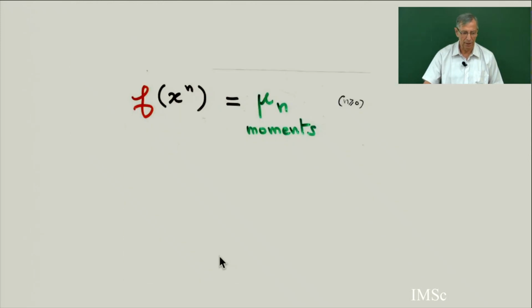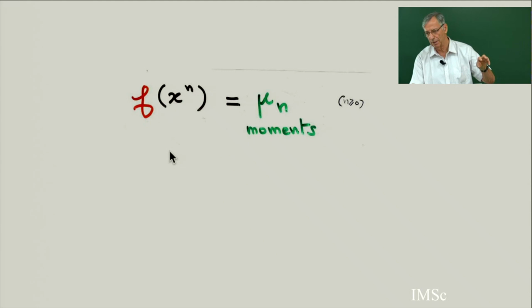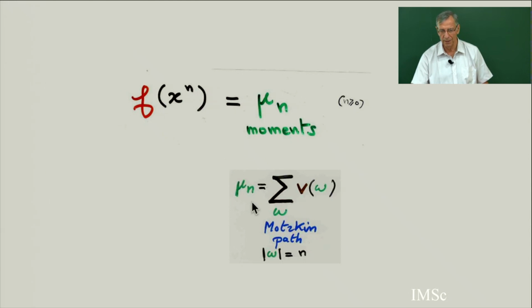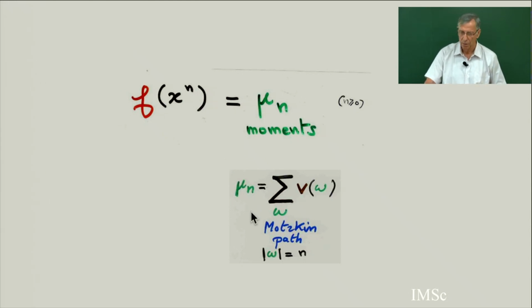And then I claim that if I know the sequence b_k, lambda_k, and this three-term recurrence relation defines the p_k polynomials, they are orthogonal for this linear functional f, where the moments mu_n are given by this. The mu_n are exactly the sum of the weights of all Motzkin paths of length n.